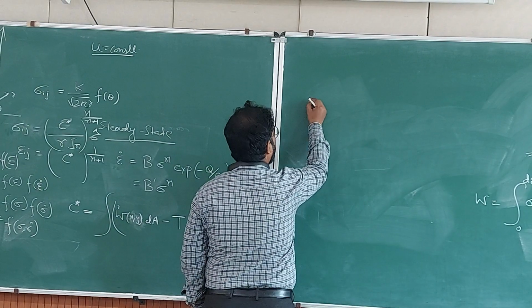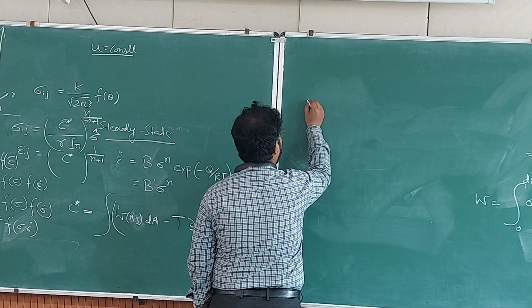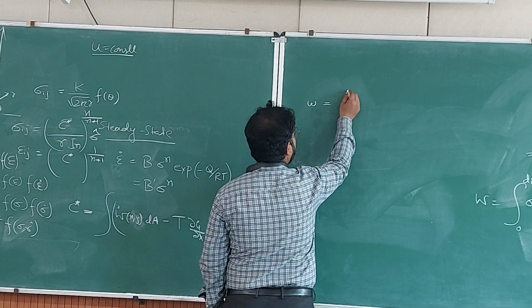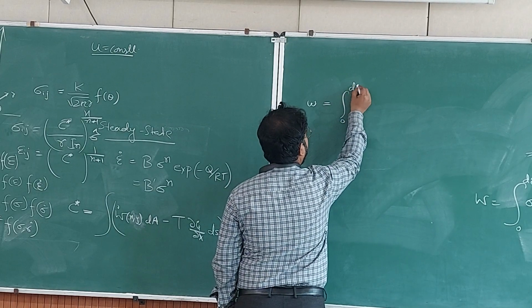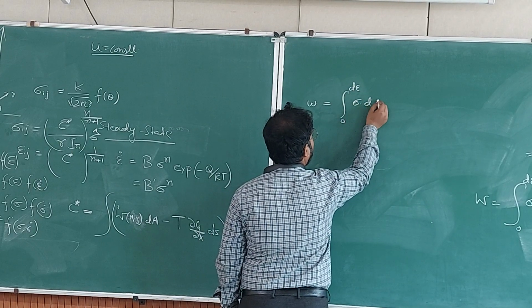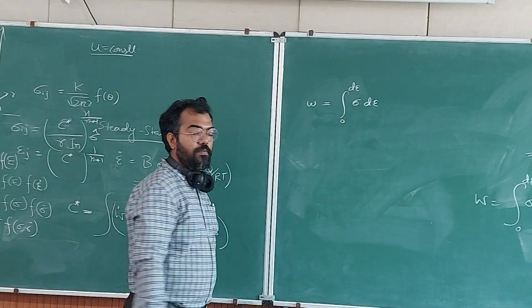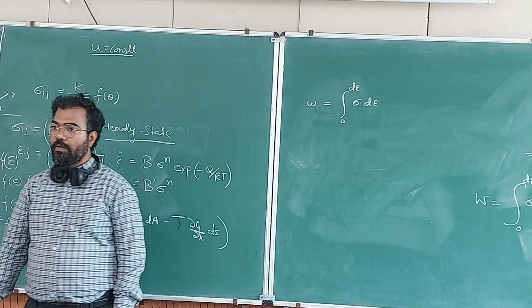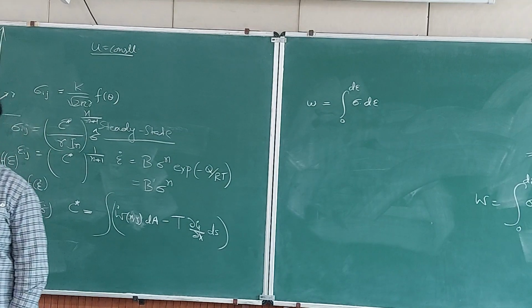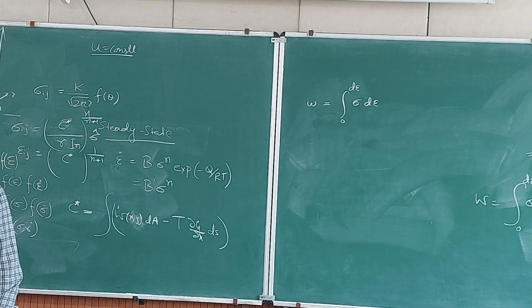So first of all, there are a few things which you need to understand. That strain energy density is described like this: integral from 0 to epsilon of sigma d epsilon. Okay. In this case, stress can be expressed as a function of strain, right?